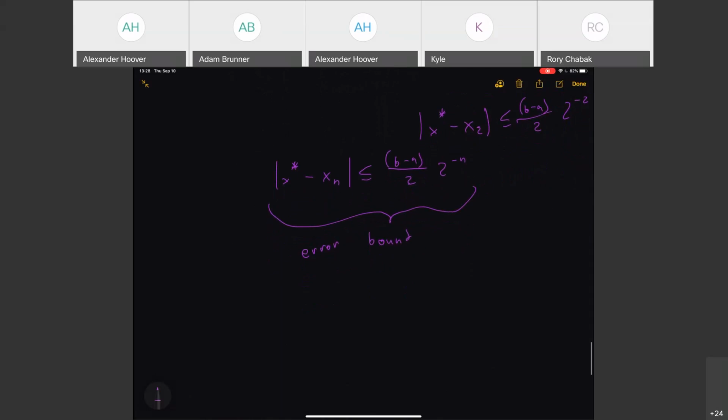Furthermore, we can also set a tolerance of how close we want to get to x star, right?